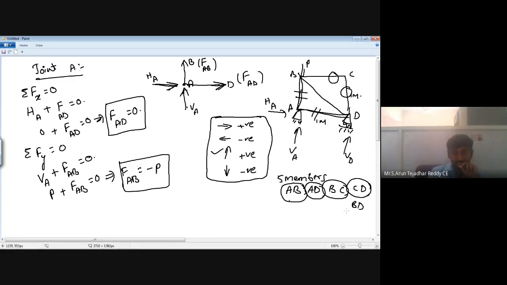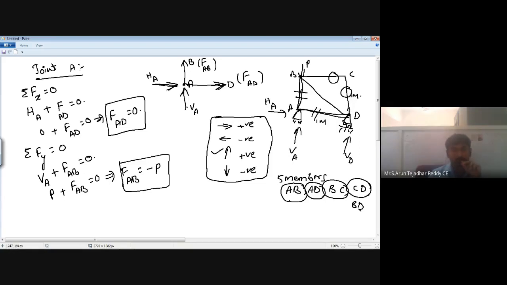Now next we have to find the BD force also. While calculating the BD force, which joint are we going to take? You can take joint B, no problem. You can take joint D, no problem.